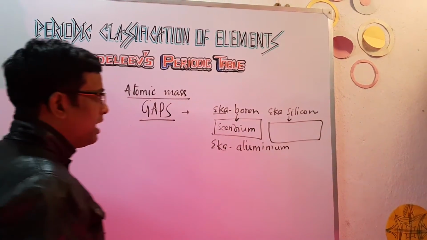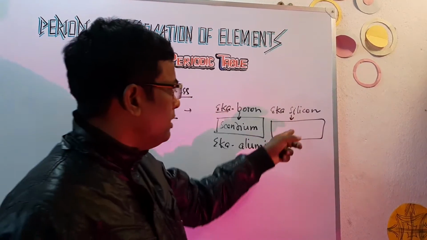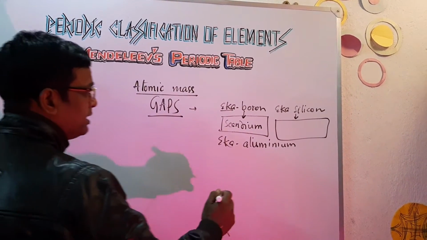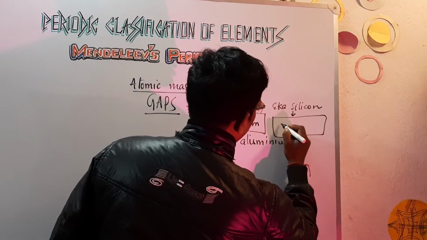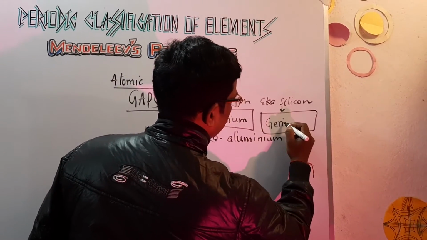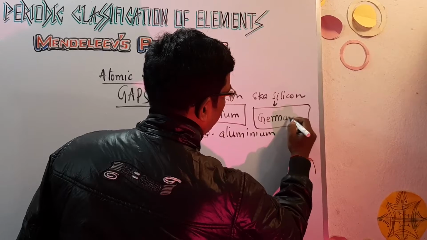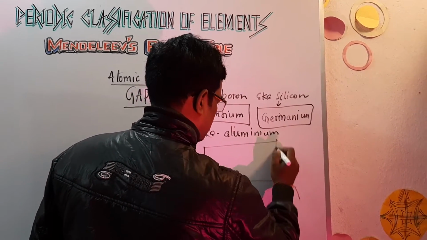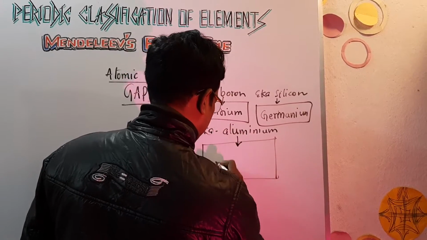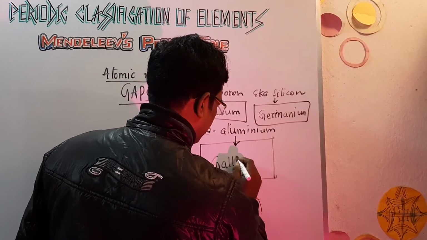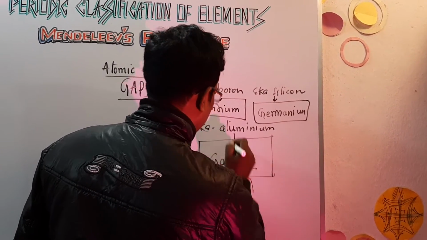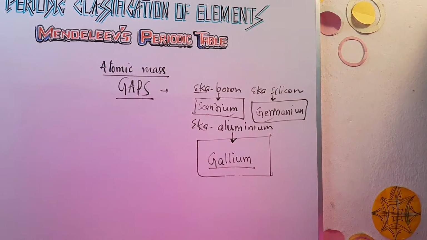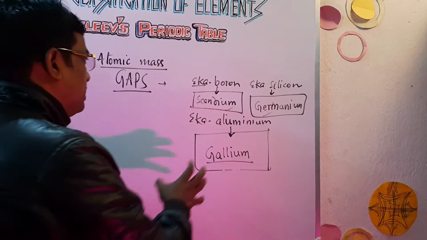Eka-silicon, he left the gap immediately after silicon, and that gap was named Eka-silicon, which was occupied exactly by germanium. The element germanium occupied this space, and the Eka-aluminium space was occupied by gallium. Gallium, scandium, or even germanium were not discovered at his time, but he left the gaps for them.